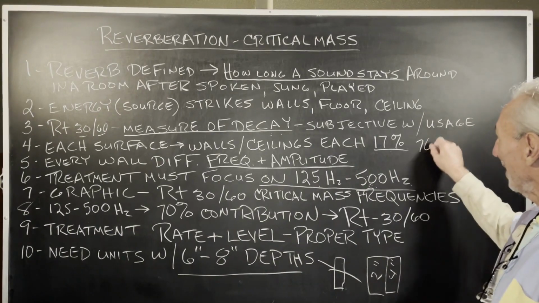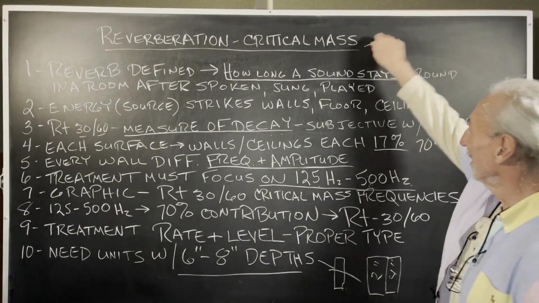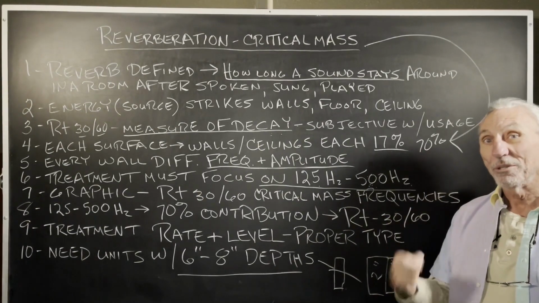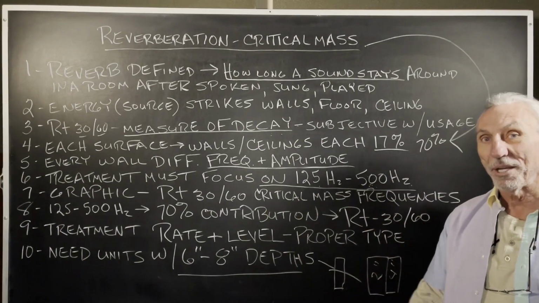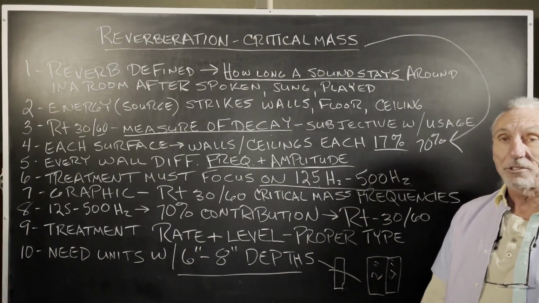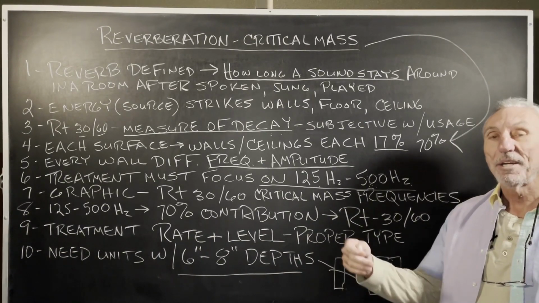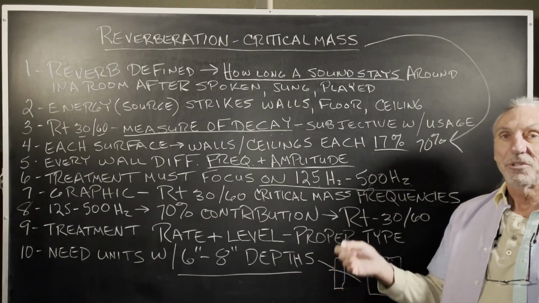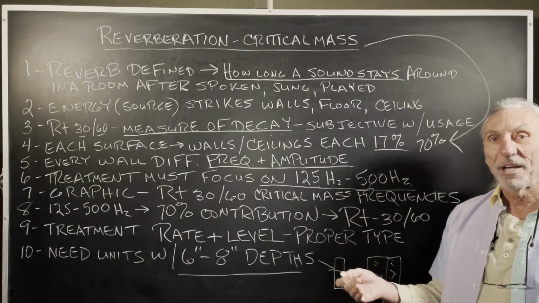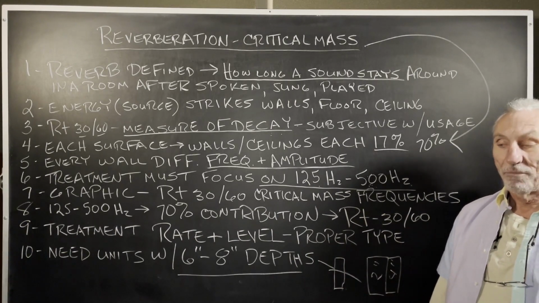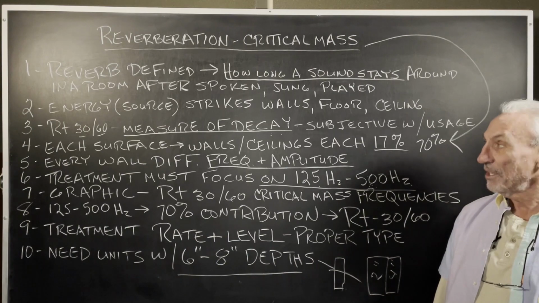You've got to get to about a 70% critical mass before you have a real audible impact, before people walk in and go, wow, this is way better. And that's what you want. You want it 100% fixed. You want it 100% right. So your engineers don't have to fight high reverb times trying to mix voice and music for the congregation, for churches and things like that.